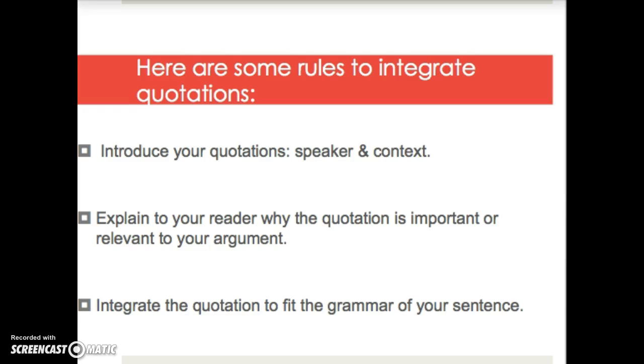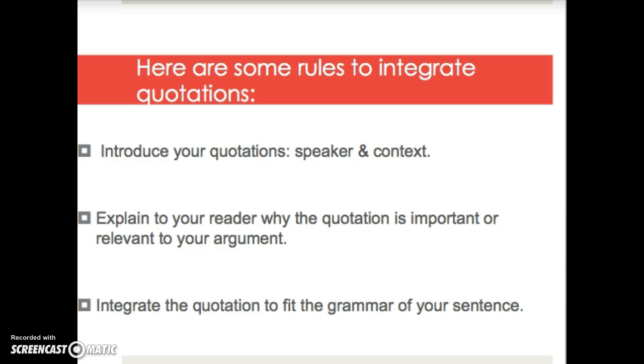Second tip, explain to your reader why the quotation is important or relevant to your argument. After you have a quotation, add one or two sentences just explaining why that quotation is relevant to your argument. You might want to pull out one or two words in the quotation and elaborate on them.